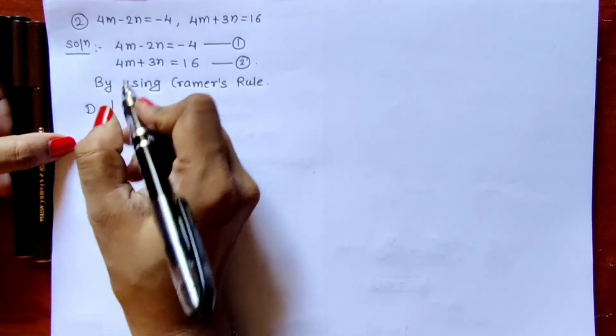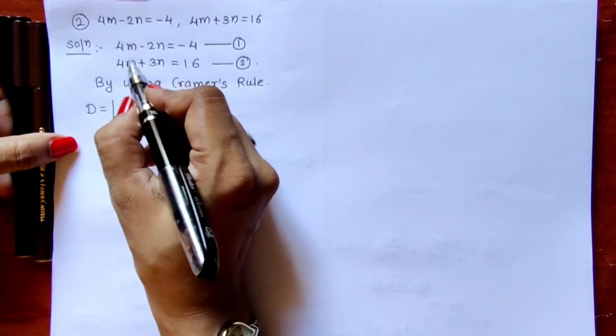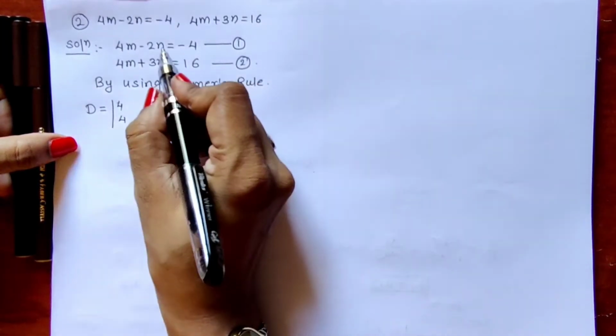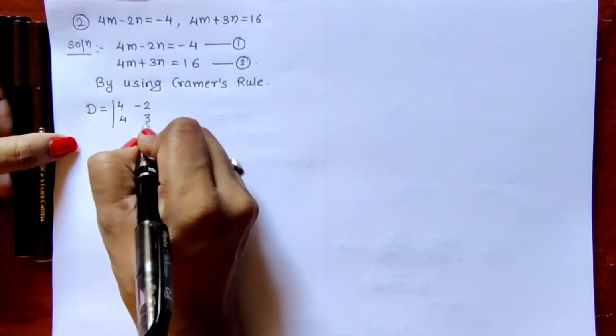In determinant d we will have to write the coefficients of the variables. Coefficients of the first variable, m, are 4. Coefficients of the second variable, n, are minus 2 and 3.